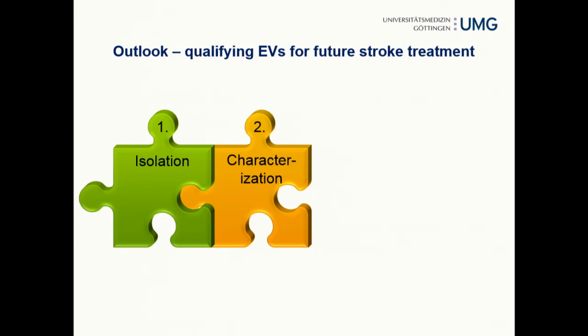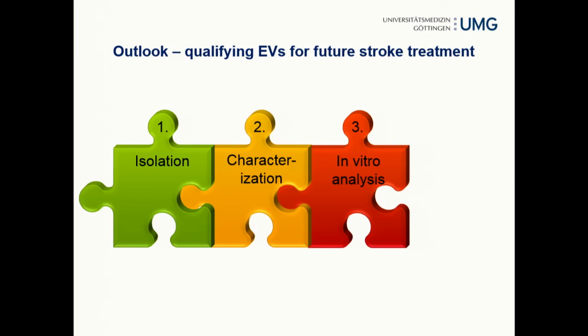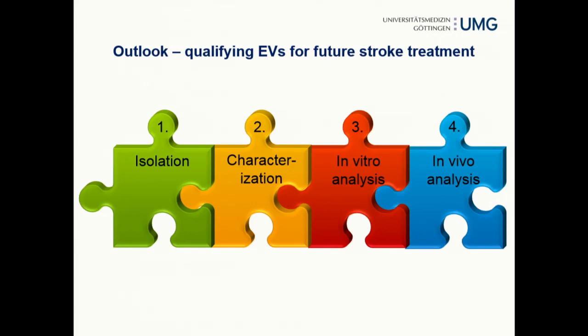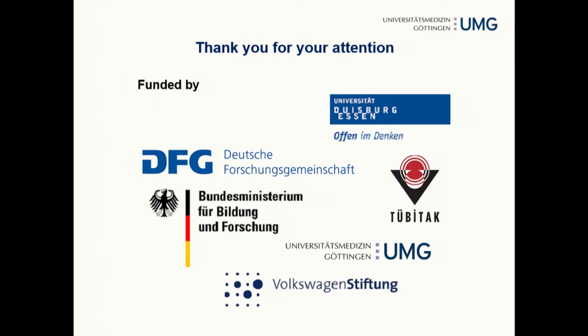There's not a single marker which is specific for EVs. And then, of course, we have to further analyze these EVs in terms of therapeutic potential in vitro. And then later on again, we have to further understand what the real mechanism behind the EV-induced outcome is. Thank you very much for your attention.